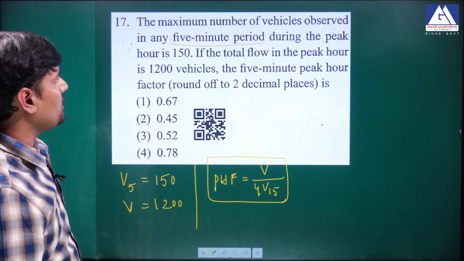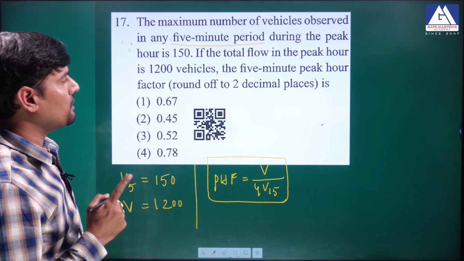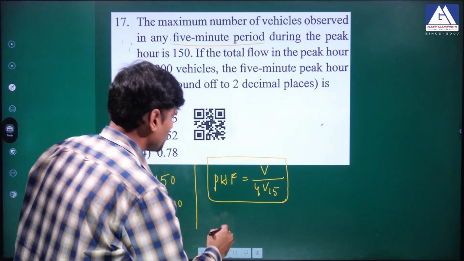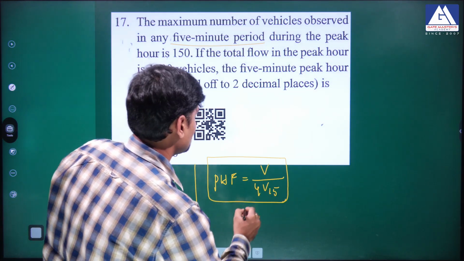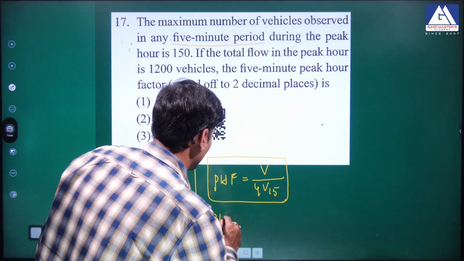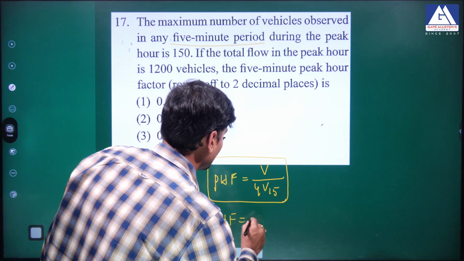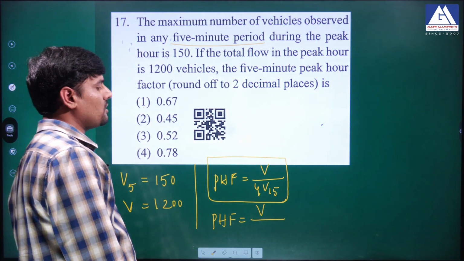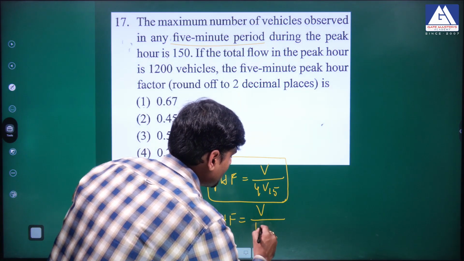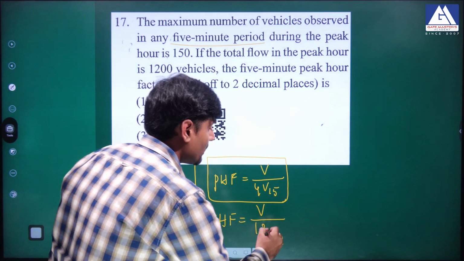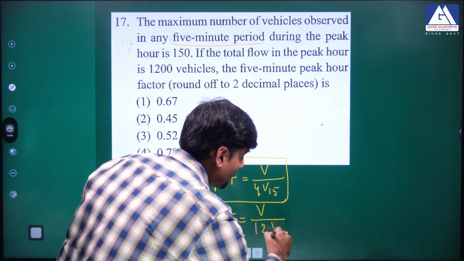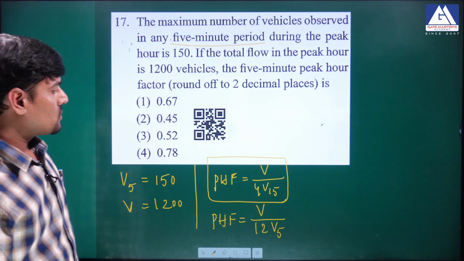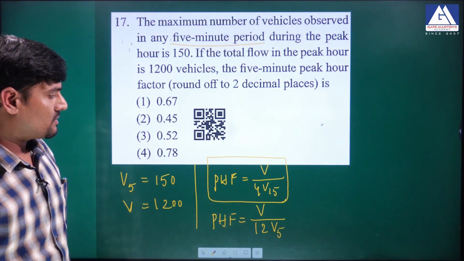So here, in a given hour there can be 12 such 5-minute periods. Therefore this PHF can be written as capital V, the total traffic observed in the peak hour, divided by 12 times the 5-minute peak traffic. So this can be modified like this.